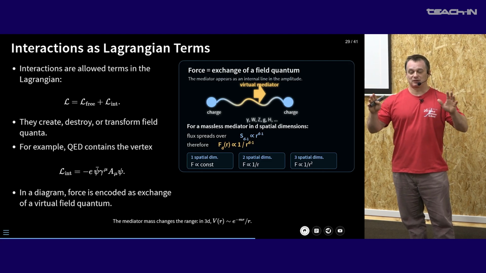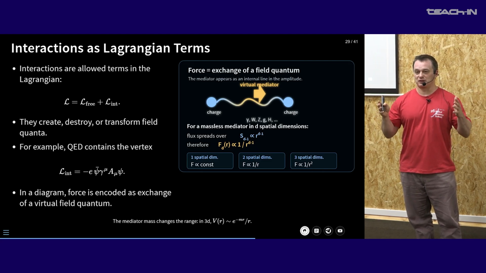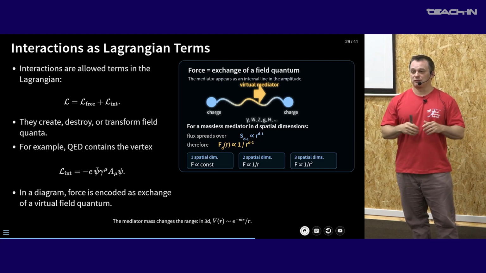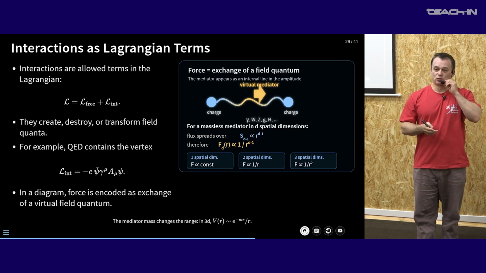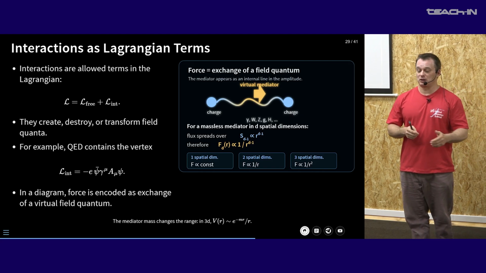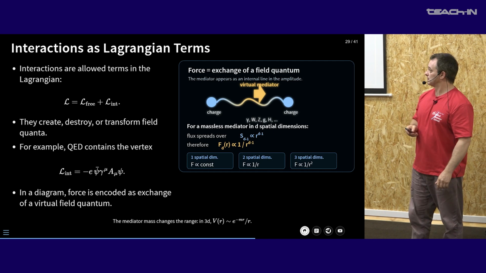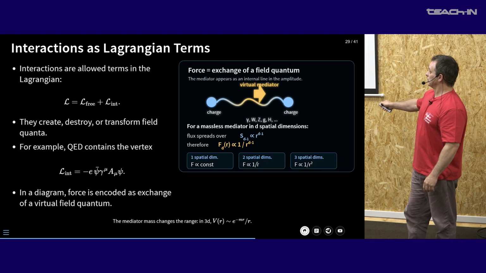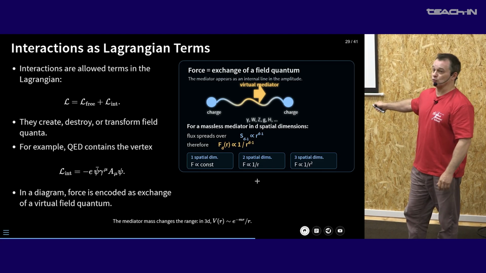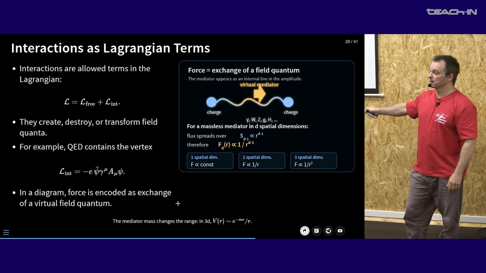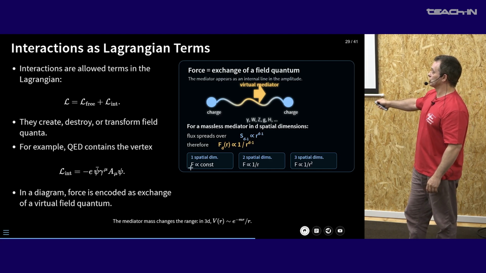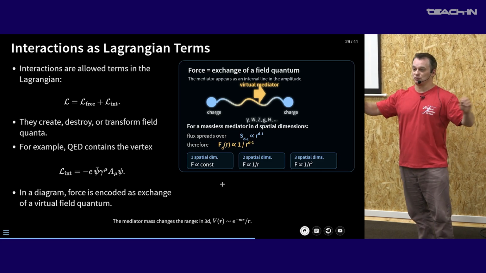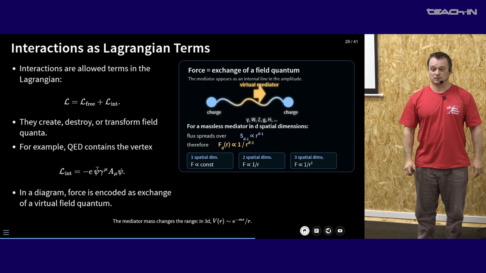If you understand the physics behind, and you understand that the reason why there is a force is the exchange of photon, then it is a very trivial exercise to calculate this force in any dimension, like 1 dimension, 2 dimensions, 3 dimensions. And what you will realize is that if you have 2 dimensions, then the force will be inversely proportional to the distance, not distance squared. If you have 1 spatial dimension, then the force will be just constant, irrespective of the distance. So whatever distance between 2 charges, they will have the same force.